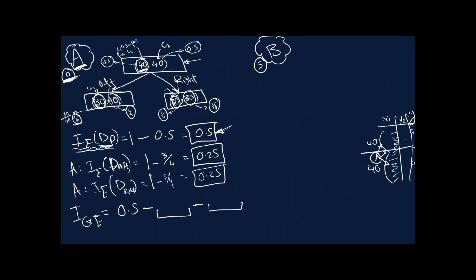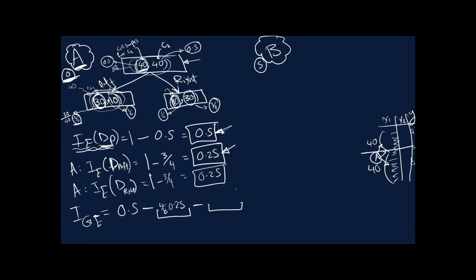Here I'm not looking at the classes, okay? So I'm just saying how many samples in the left child. We have 40, correct? And we divide this by how many samples at the parent. We have 80. So it will be 40 over 80, so 4 over 8, multiplied by the impurity of the left child, so 0.25.